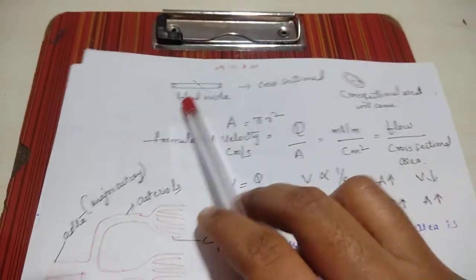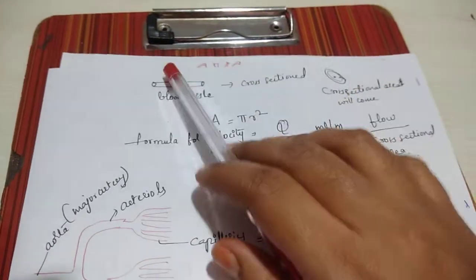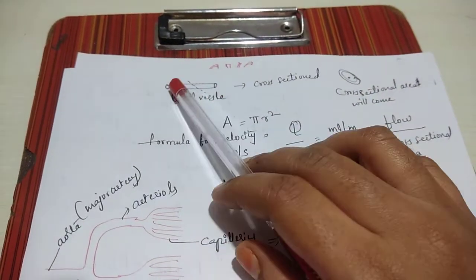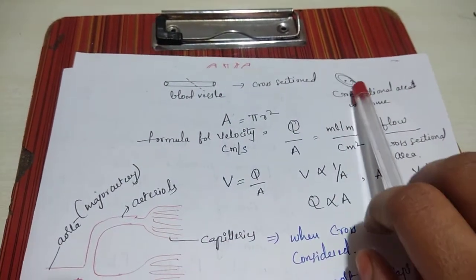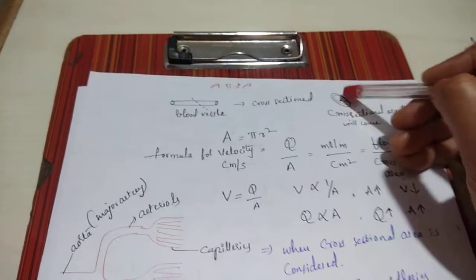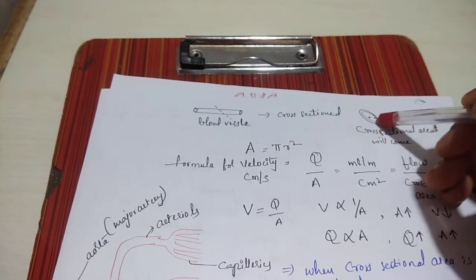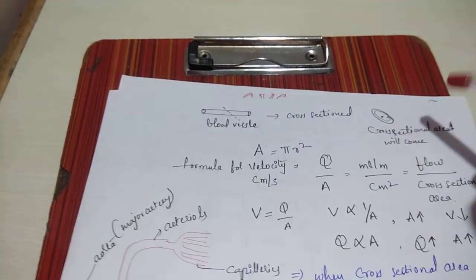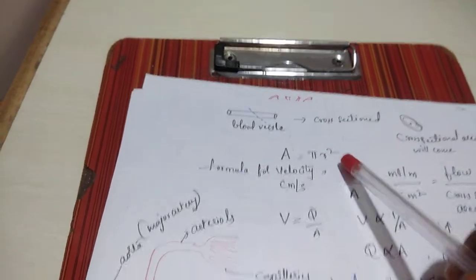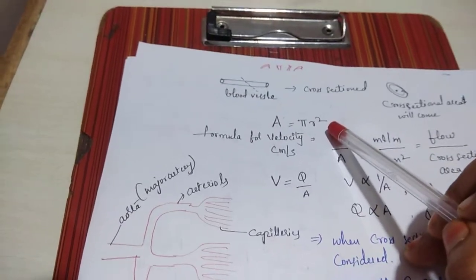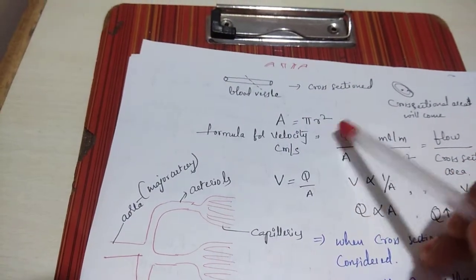For example, if we cut it like this, the cross sectional area will come. The cross sectional area means the overall area of this part. The formula for cross sectional area is A equal to pi r square.